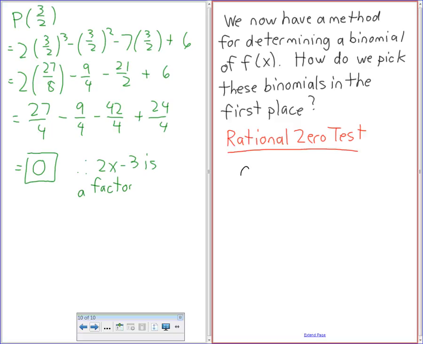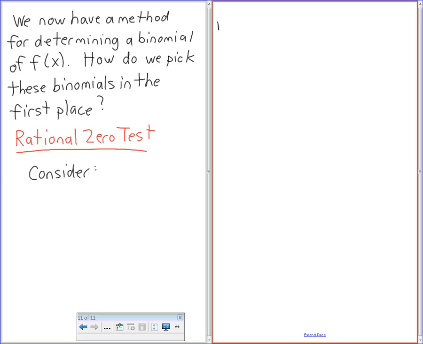So we're going to consider, on the next page everyone can see, f of x is equal to a n x n plus a n minus 1 x n minus 1 plus dot dot dot plus a 1 x plus a 0.